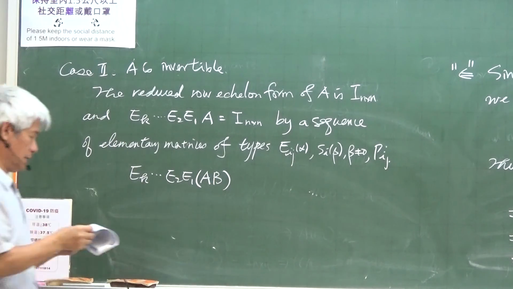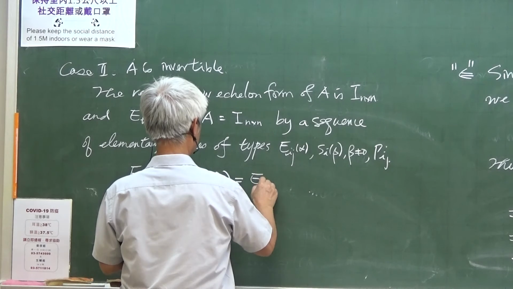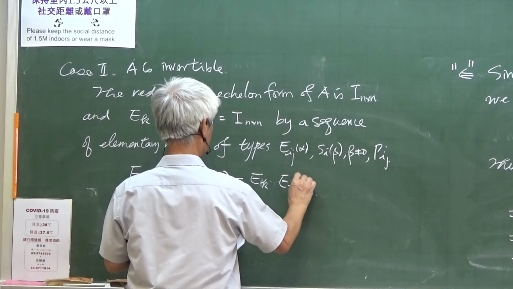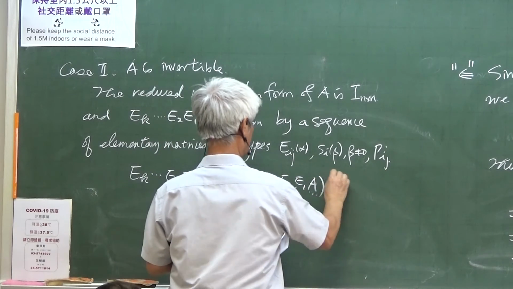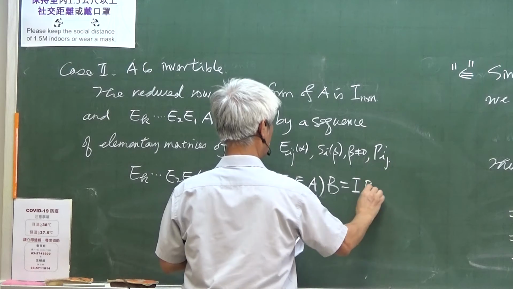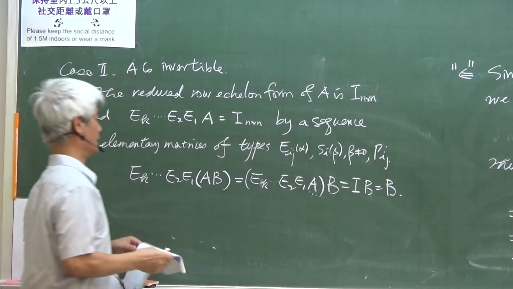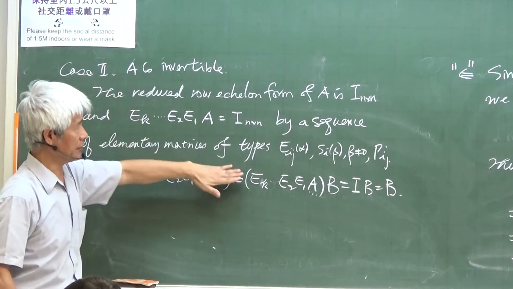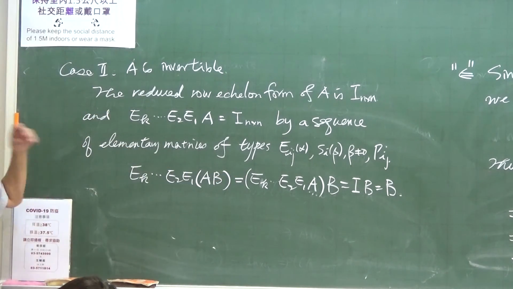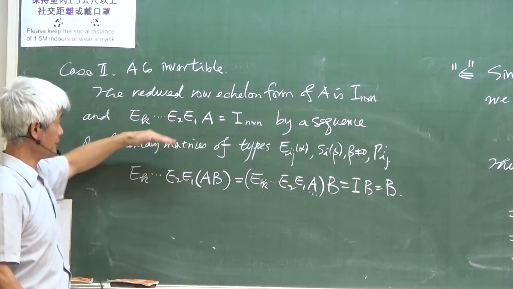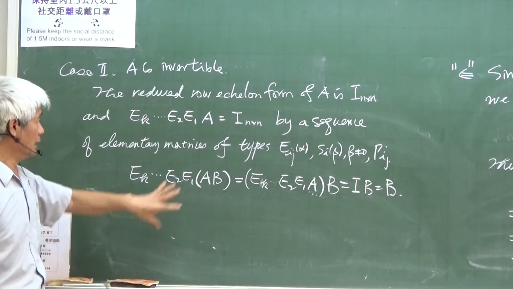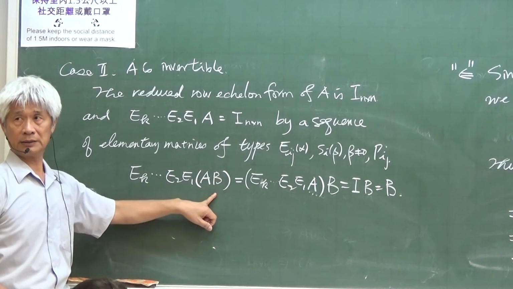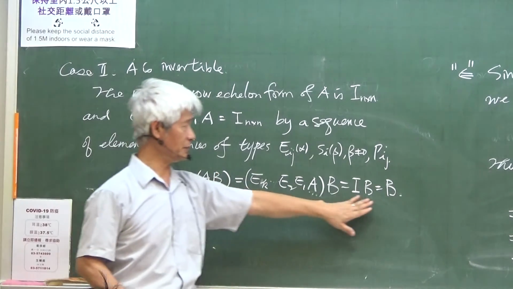So this is Ek up to E2, E1 A, and the B. So this is identity times B, and so this is B. So now when we apply the same sequence of elementary row operations on this product, we will end up with the matrix B.